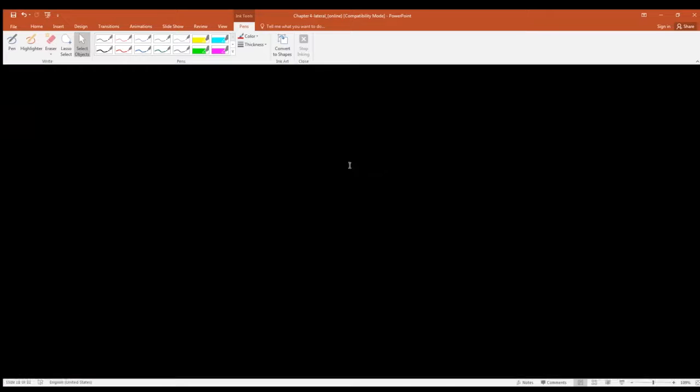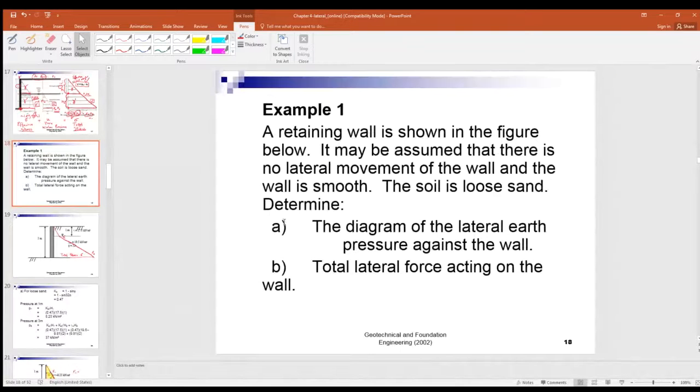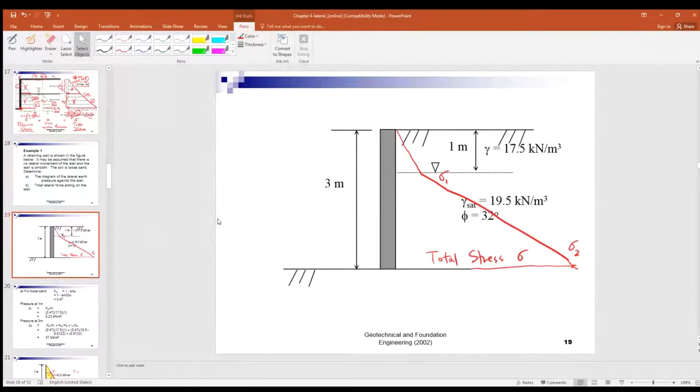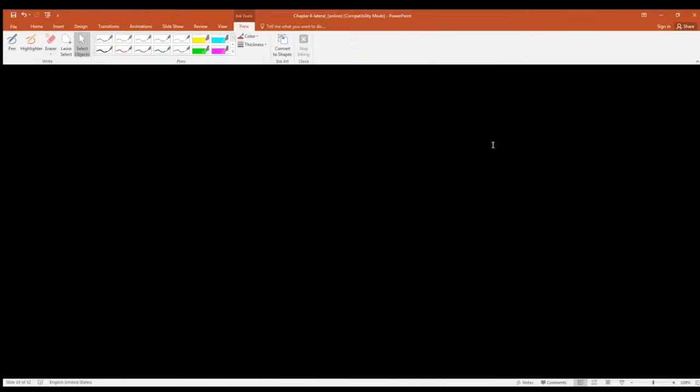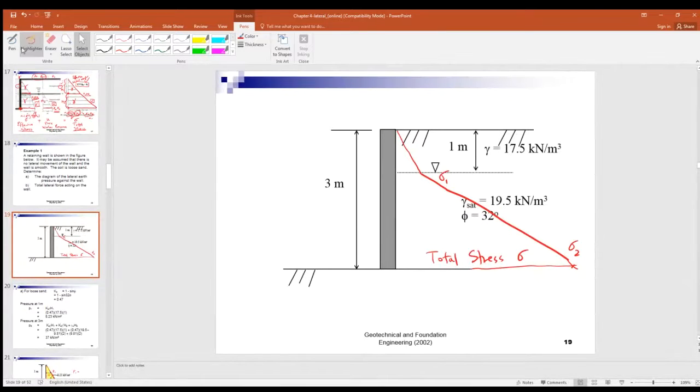Okay, now let's take a look at a worked example for the earth pressure calculation. Example 1. Now you are given the soil data. You have a water table 1 meter below the ground surface, and the soil here is dry. Here you have dry soil, and below the groundwater table every soil is wet.